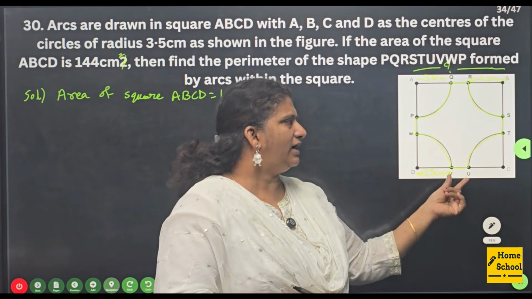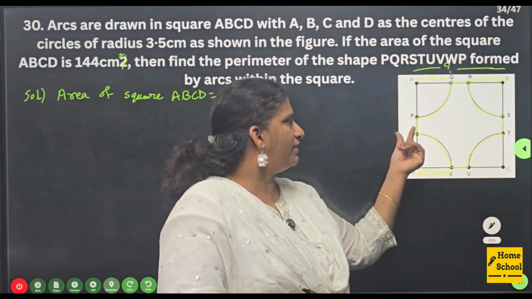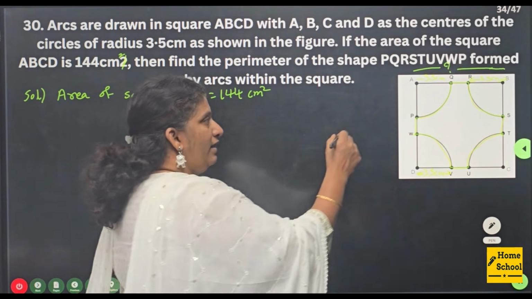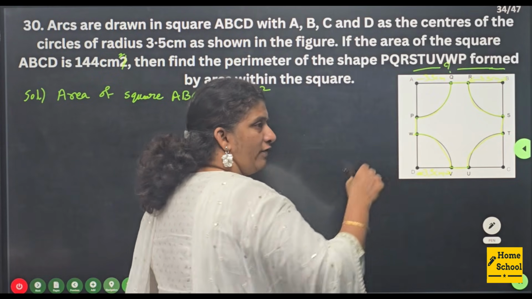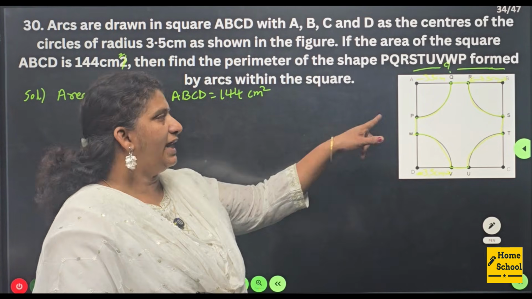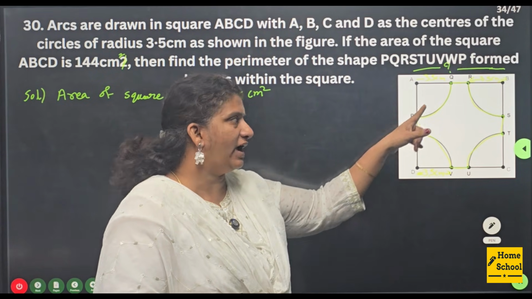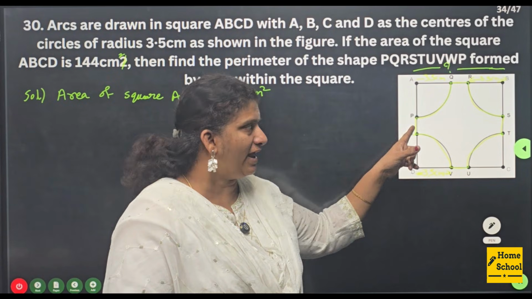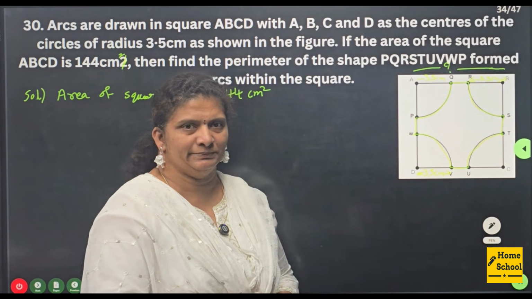If you want, you can multiply by 4, you are going to get QR, ST, VU, WP. Okay, then we need PQ. This is an arc of a sector. Length of an arc, formula theta by 360 into 2 pi r. If you are able to find this length of one arc, multiply by 4 and you are going to get the complete perimeter.